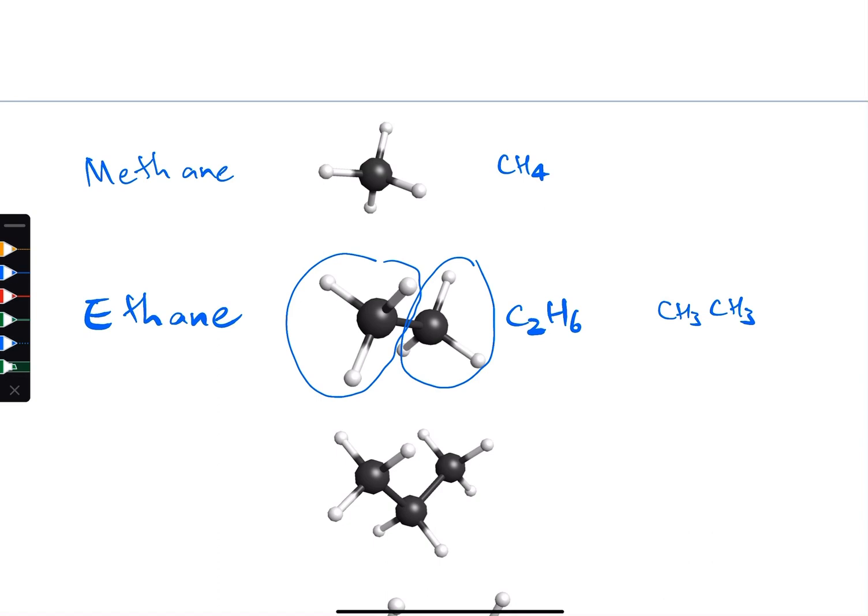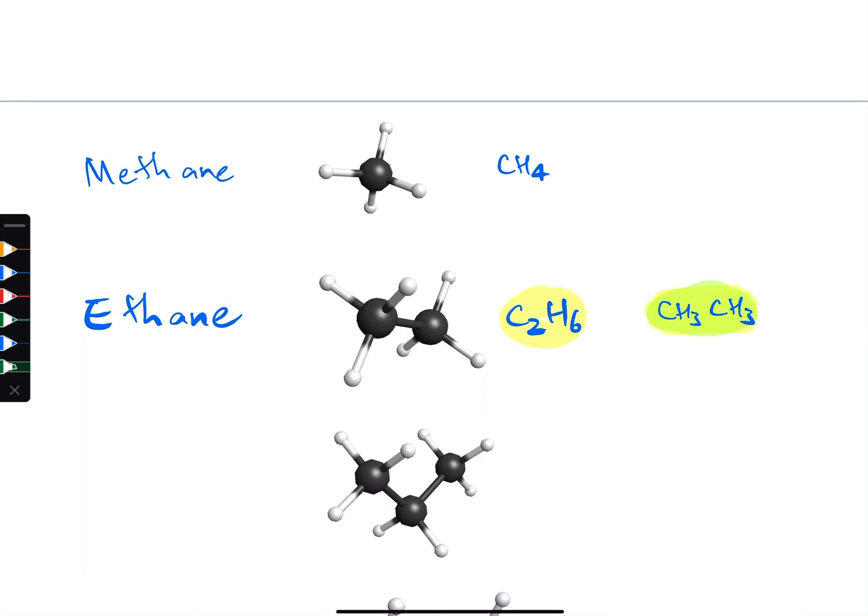So this form of representation is called the condensed structural formula, and it clearly gives us more information than the molecular formula, because it gives us a sense of how the atoms are connected to each other in the molecule, whilst in the molecular formula, C2H6, we don't have any sense of that directly.